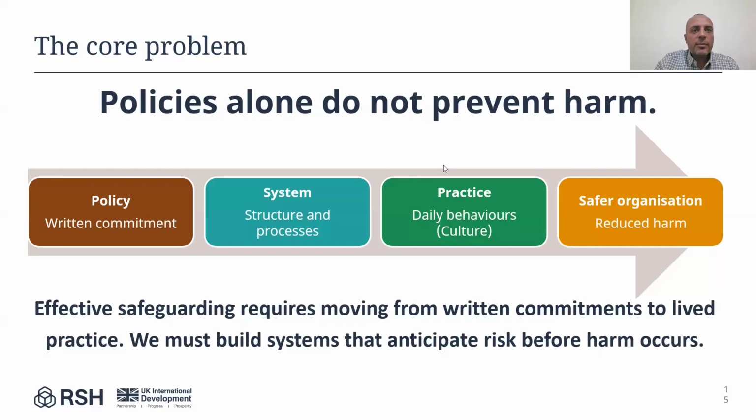When safeguarding becomes part of everyday practice, organizations are much better positioned to prevent harm rather than simply respond to it. This creates a safer organization for both staff and program participants.